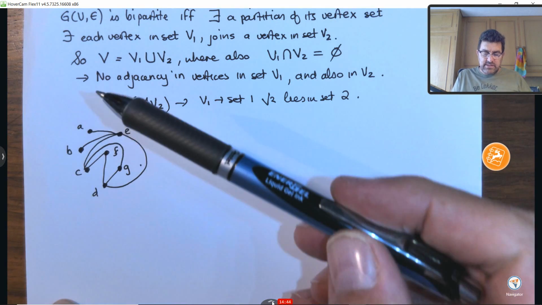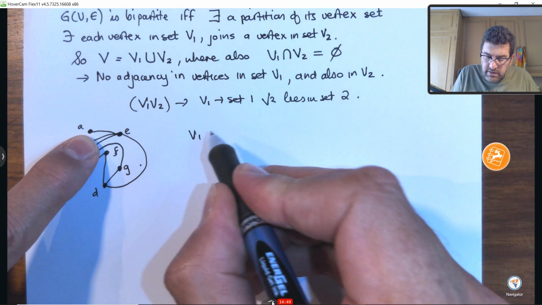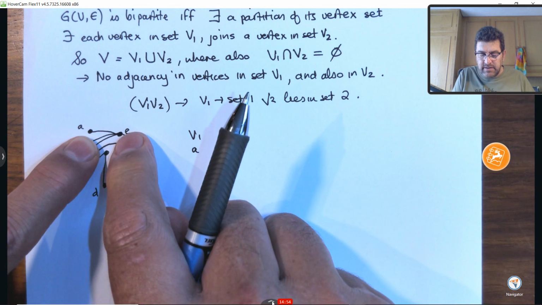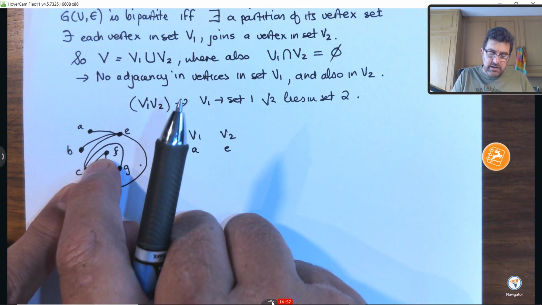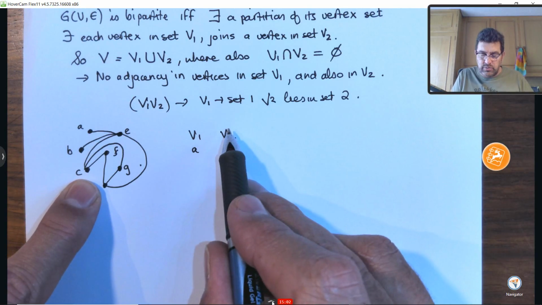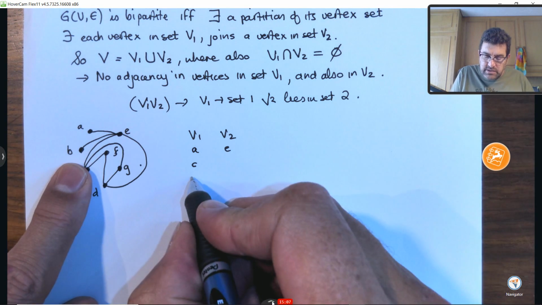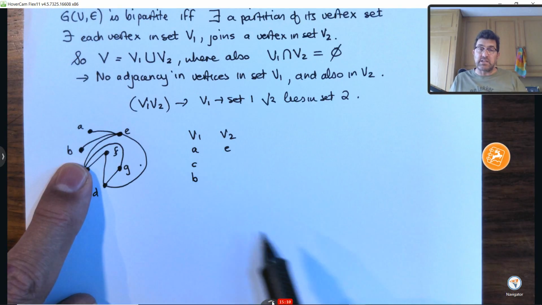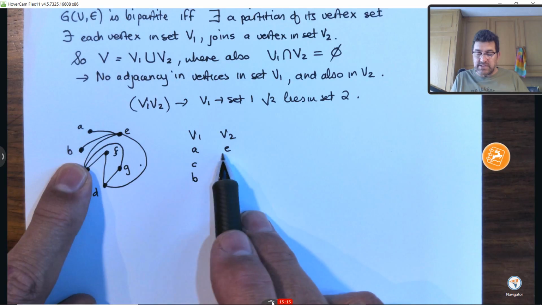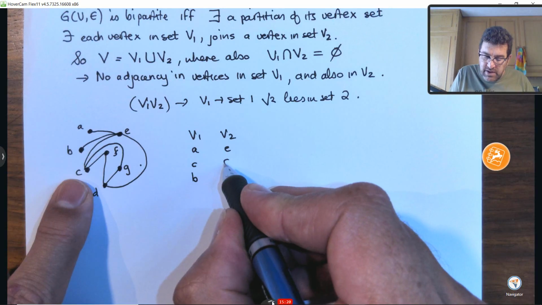Now if you look at these, those two are adjacent vertices. So if I want to divide this into vertex sets, I make sure A is here and E is here. E is then connected to C. But E is already in vertex set 2, so C must lie in vertex set 1. It's also connected to B, so B must be in vertex set 1, because E is already in vertex set 2. We can't have E in both sets. Then C is adjacent to F, so F must lie there.